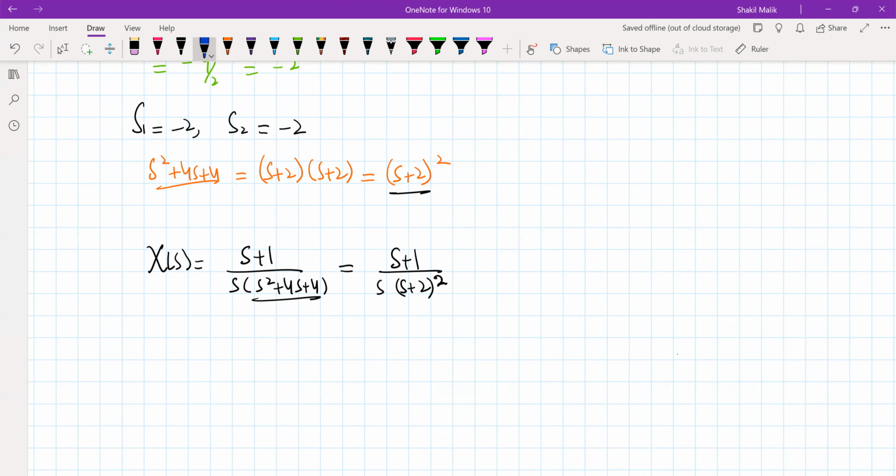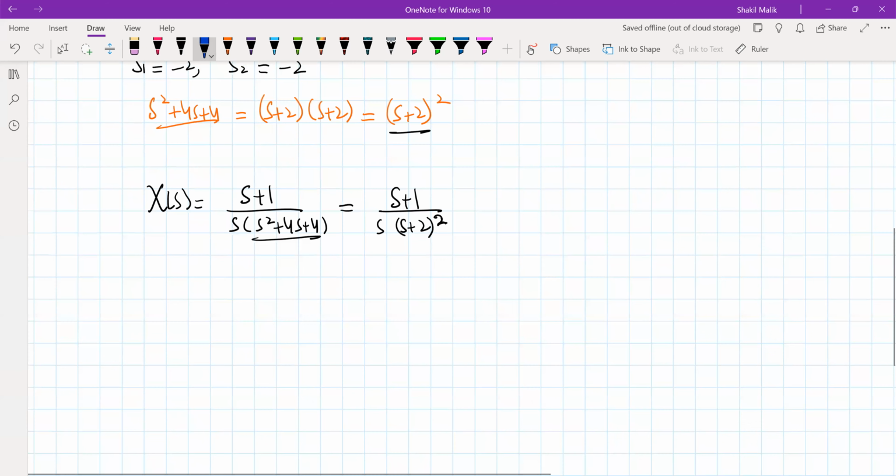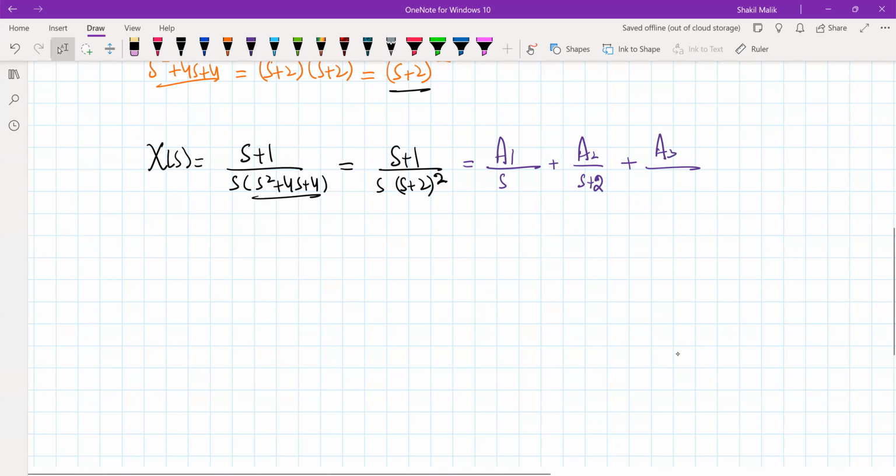If we have a squared term here, we write a1 by s, a2 by s plus 2, and then also a third term, a3 by s plus 2 whole square. This is how we write this partial fraction expansion.